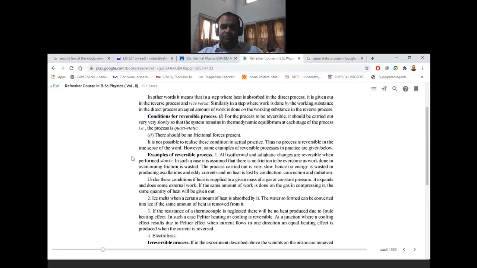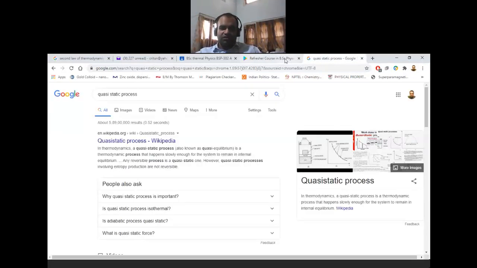So then I hope by now you have understood what reversible thermodynamic processes are. They have to be performed very slowly. The change of state from one to another should be very small, and the change from one state to another should involve the same steps in the opposite direction too.